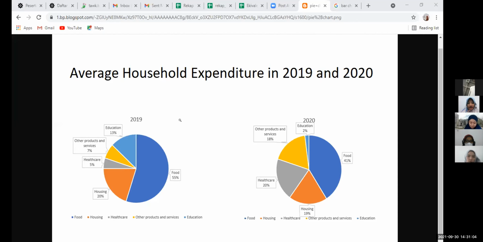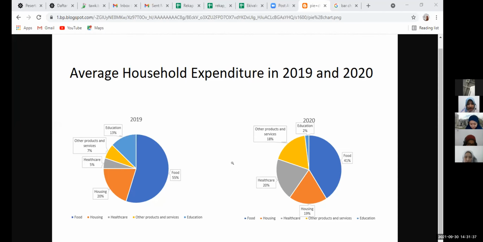In 2019, the education is 13%, but it decreased in 2020, but the other subjects such as healthcare and other products and service increased from 2019 to 2020.